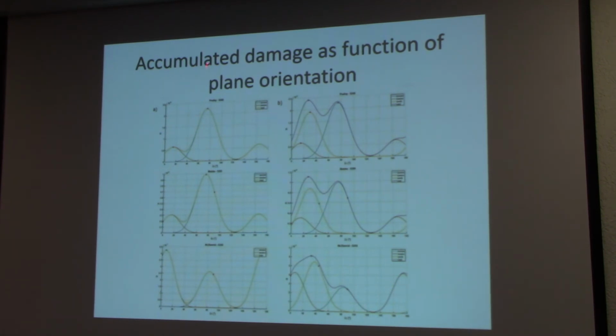Okay, so this is the first loading sequence composed of pure tension, pure torsion, and the combination. Okay, so the red line is the damage in each particular plane for pure tension loading. The blue one is for pure torsion loading, and the yellow one is the total damage accumulated using the Palmgren-Miner linear damage accumulation rule.